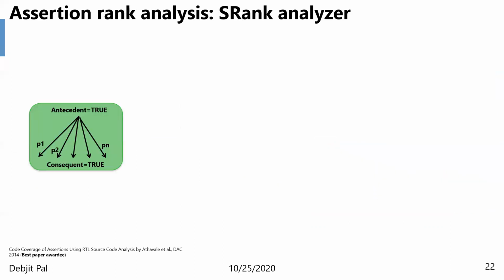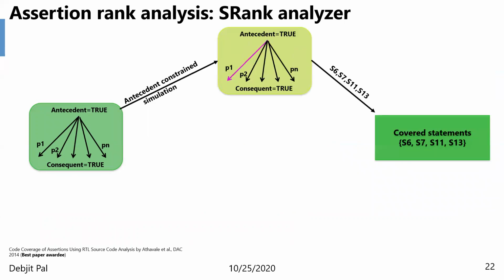The other component of the assertion ranking analyzer is the SRank analyzer. In this, we use a correctness-based statement coverage algorithm for an assertion. Intuitively, we try to identify the design statements that must execute for an assertion to be true. For that, we use an antecedent constraint simulation of the design. We constrain the design signal values equal to the values mentioned in the antecedent.